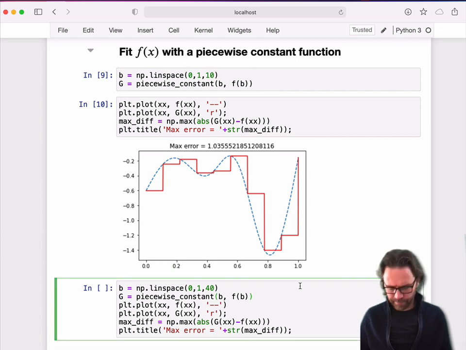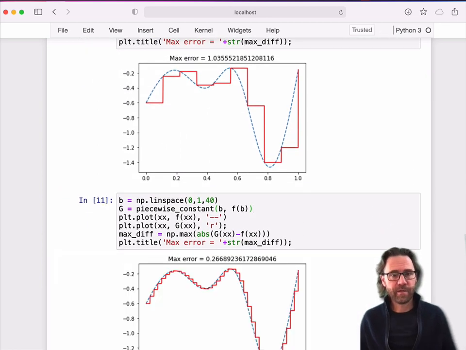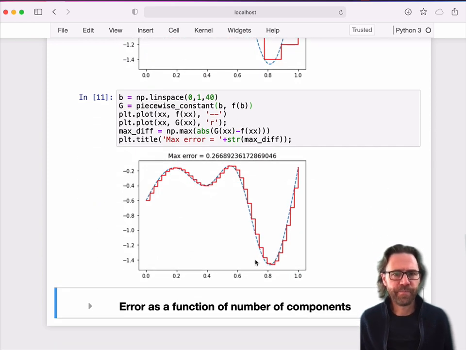If I take more pieces, smaller steps, if you will, you can see my error goes down quite a bit, and you can sort of see visually why that's the case. The price you pay, though, is you have more pieces, right? There's more computation required to do this.